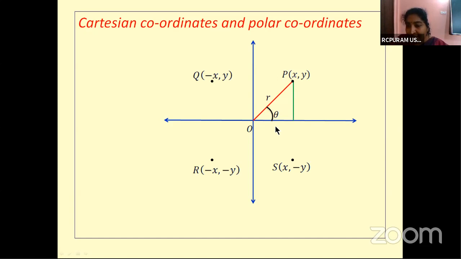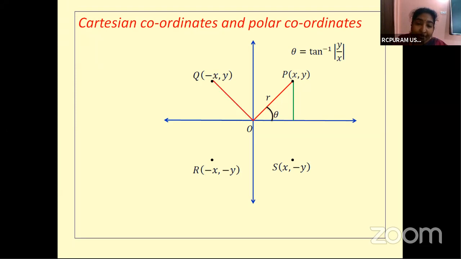From the origin to the foot of the perpendicular, it will be X. So tan theta is nothing but Y by X. So I can always write theta is equal to tan inverse of modulus of Y by X.